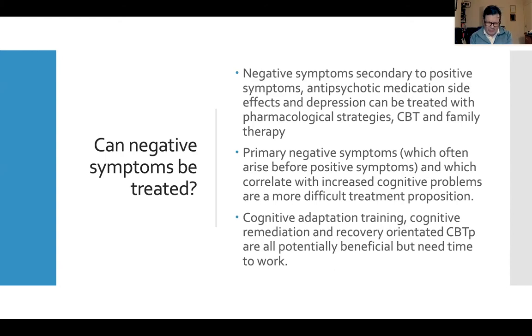Now, if you have the cognitive bit here, say for example, your brain just doesn't allow you to plan out how to dress in the morning, that is a real puzzle to you, then we could use techniques from cognitive adaptation training. And this is something that Don Velligan down in San Antonio has published widely on.